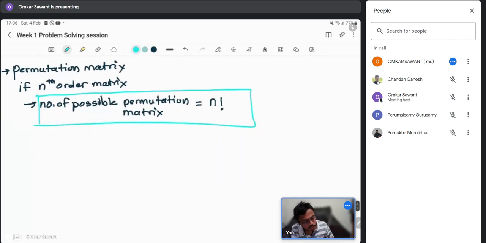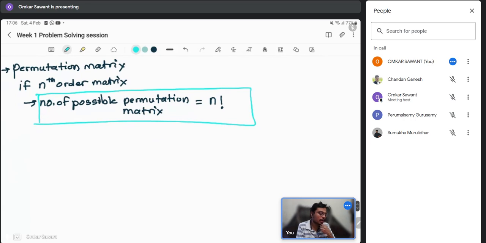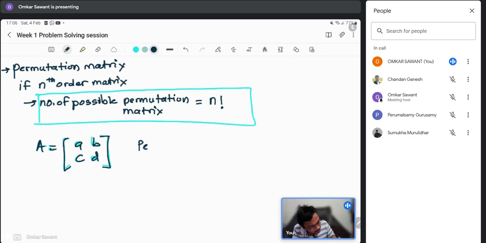Okay. If I have this matrix A, and say I have a permutation matrix P. If I do P into A, what will be the result?